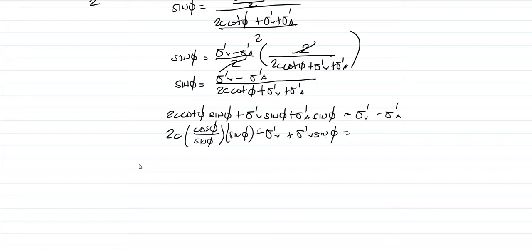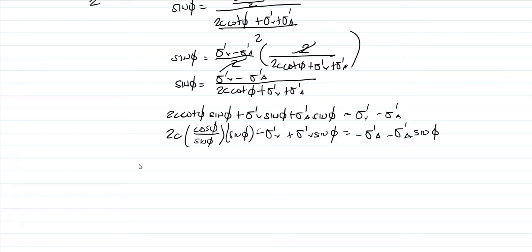Tapos, lipat natin dun sa kabila yung sigma prime A. So, ito magiging negative sigma prime A, ito minus sigma prime A sine of phi. Kasi ito, inilipat natin dun.